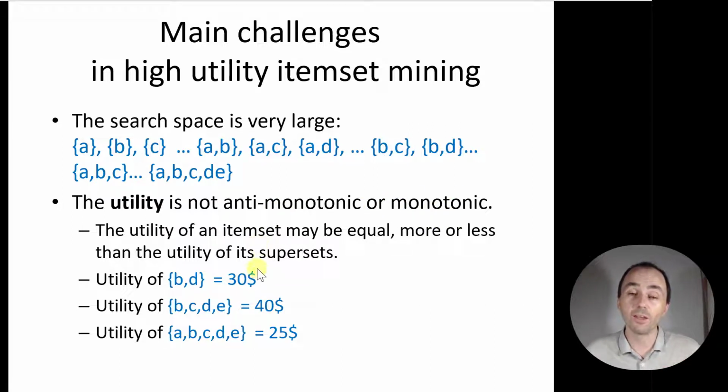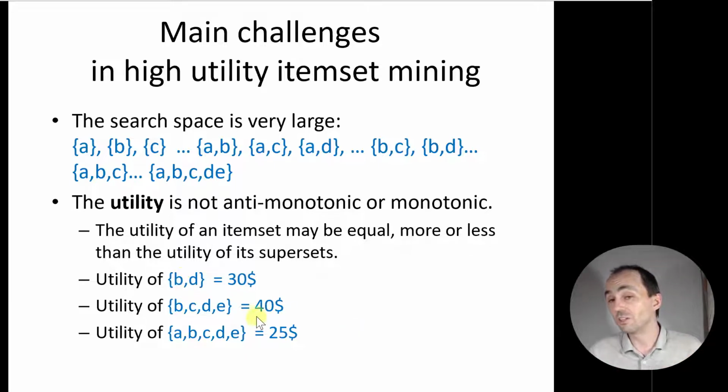In a simple way, if you have the utility of an item set like BD, the superset of BD like BCDE or ABCDE can have more money or less money. Okay, so 30, more 40, or less $25. So if you have BD, you don't know if the superset will have more or less money.